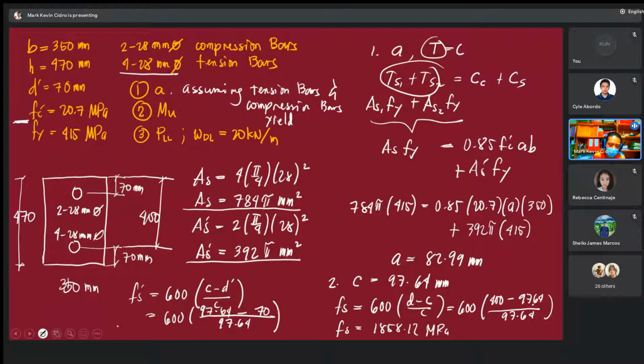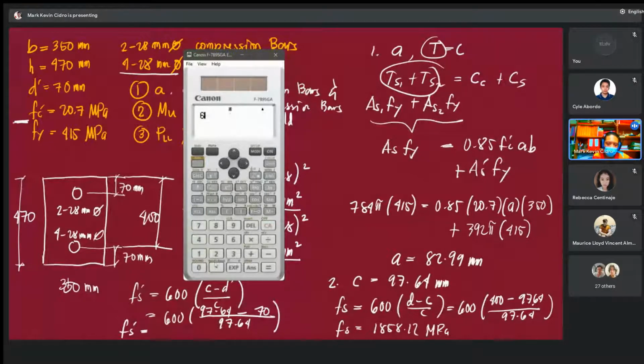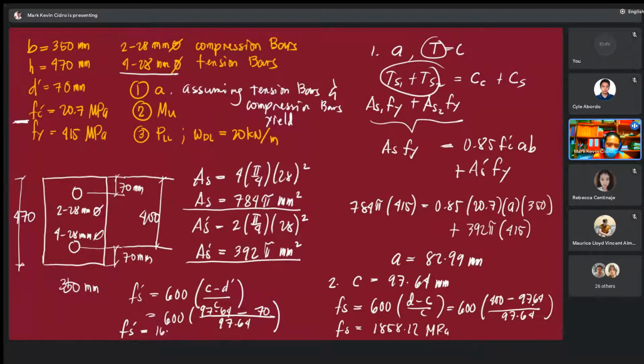So your Fs prime is equal to 600 multiplied by 97.64 minus 70 all over 97.64. The answer is 169.85. This is in megapascal.